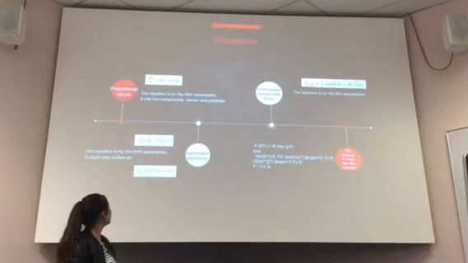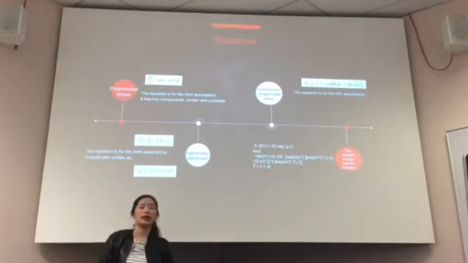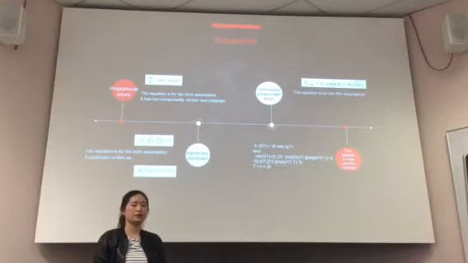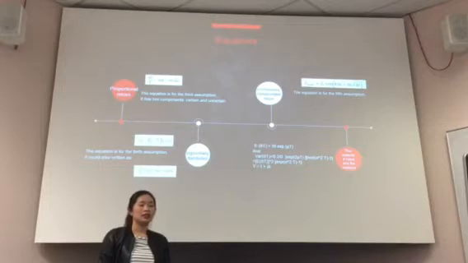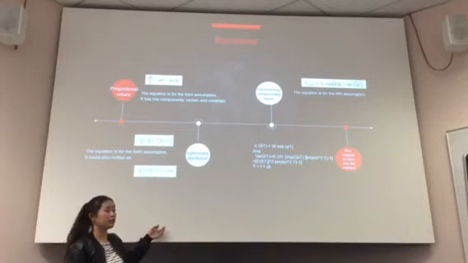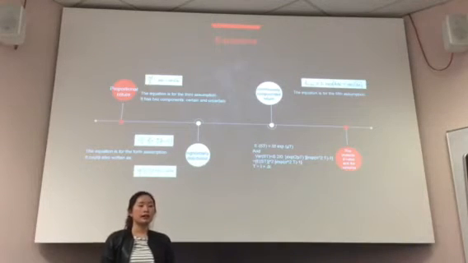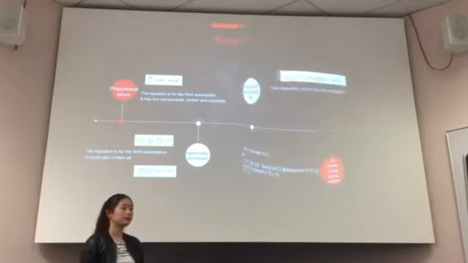And the second equation is for the fourth assumption. It has 2 kinds of styles, and S0 is the stock price now, and ST is the price at time t. And furthermore, the expected value and the variance can also be calculated.